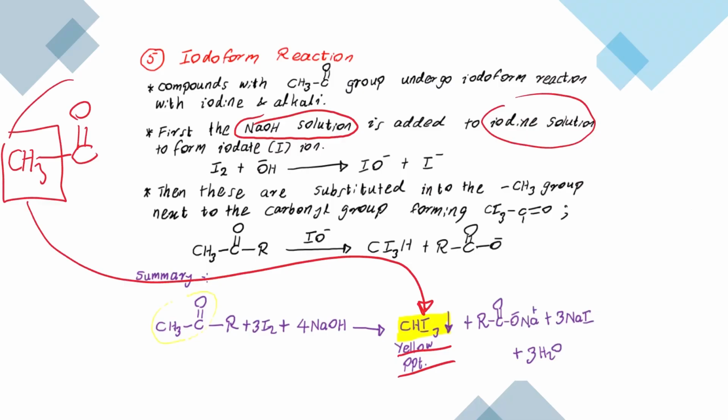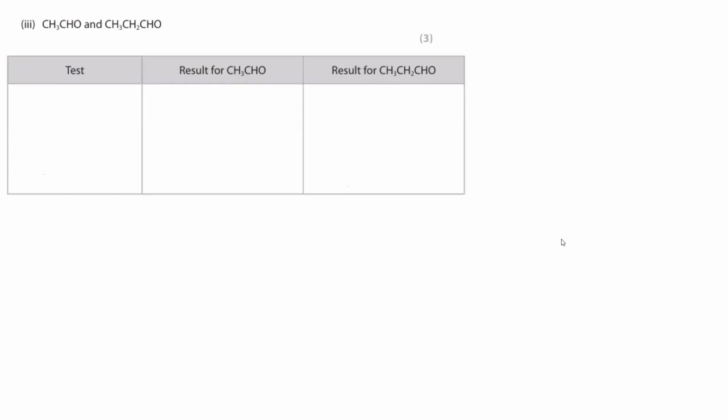So if you have a compound where the carbonyl group is attached to a CH3 group, the CHI3 will come out forming a yellow precipitate. That's what we are going to do here. I'm going to add sodium hydroxide solution with iodine solution. I should observe that one compound gives a yellow precipitate, the other gives no observation.